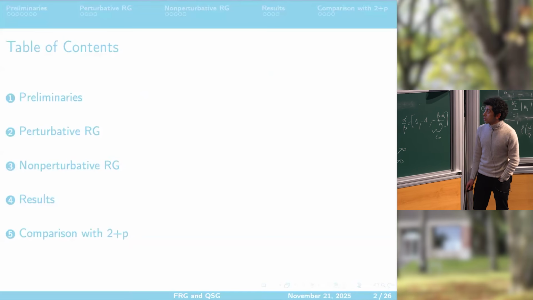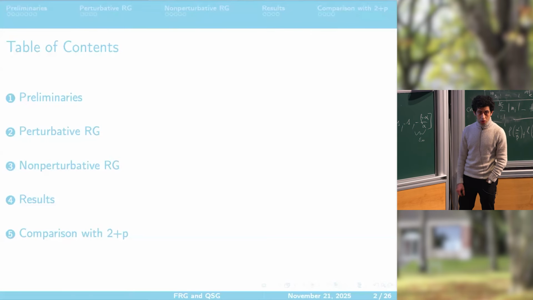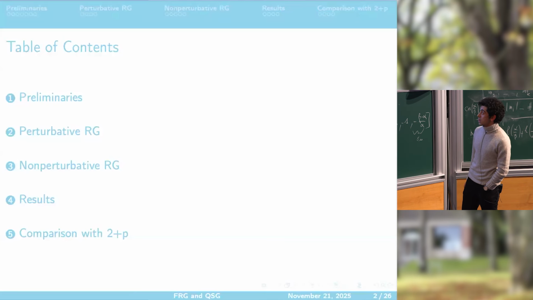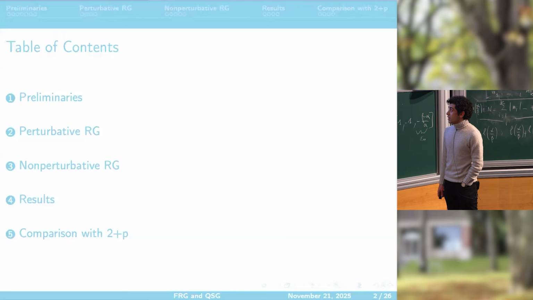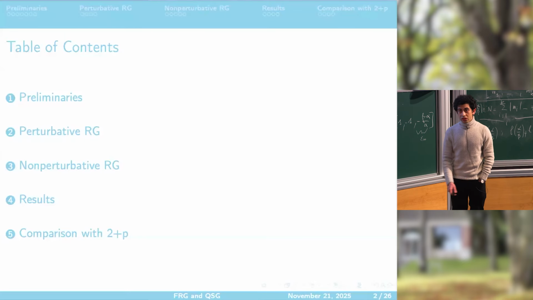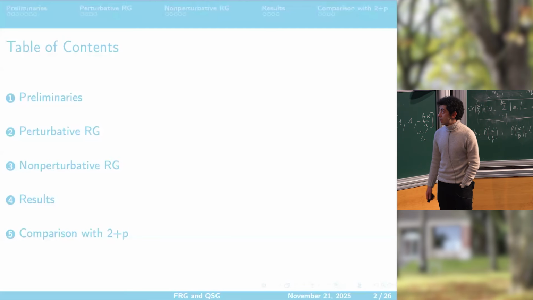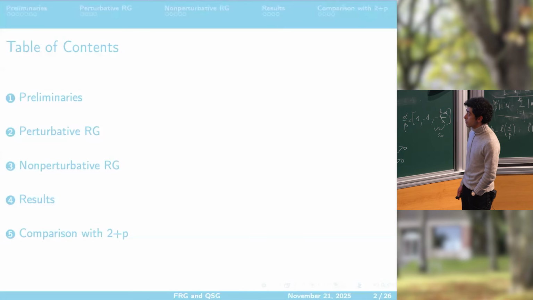So the talk is structured as follows. First I will give you a preliminary introduction about the methods and the model that we look at. Then in sections 2 and 3, I give you the details of the methods that we use to construct our renormalization flow equations.